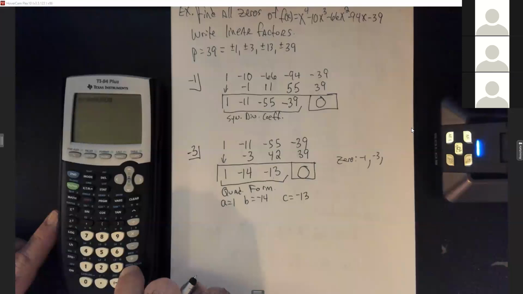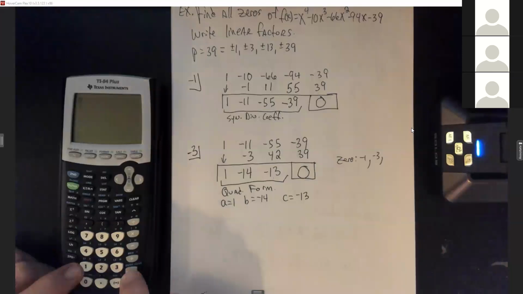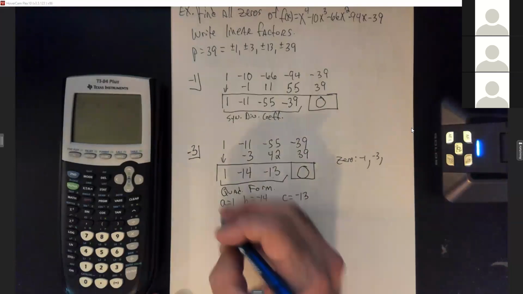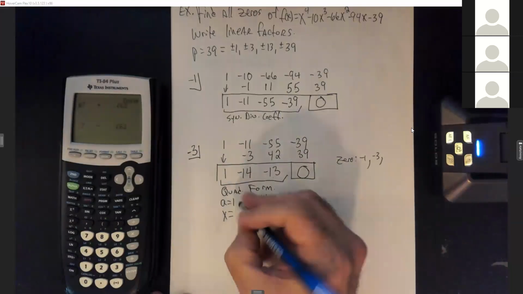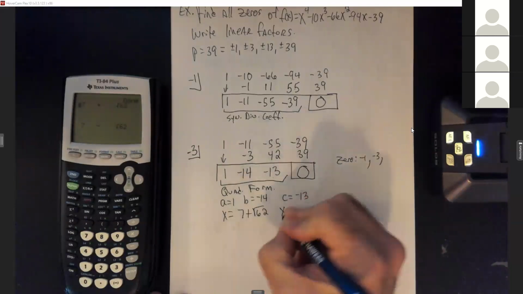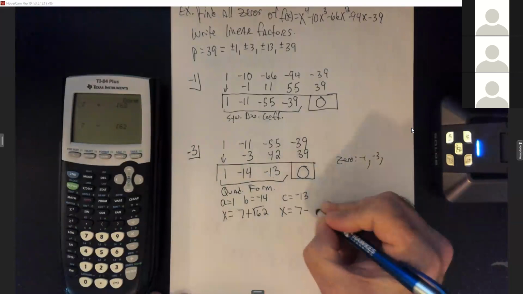Enter and enter. So I had a 1, a -14, and a -13. I don't want decimals, so I hit enter one more time, and I get my x of 7 plus square root of 62, and an x of 7 minus square root of 62.